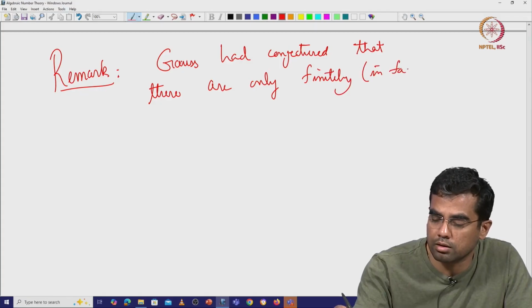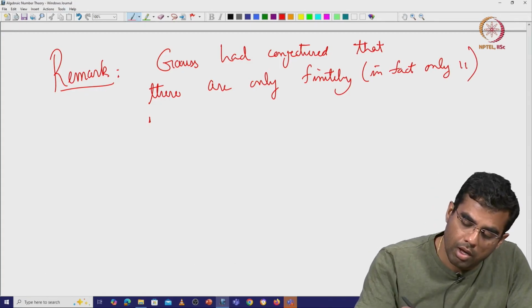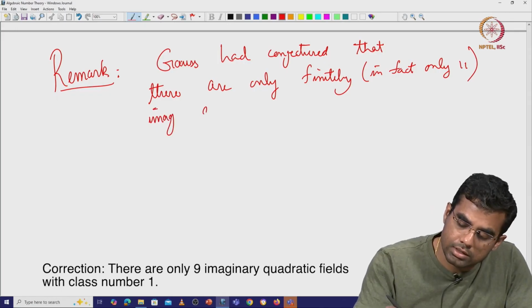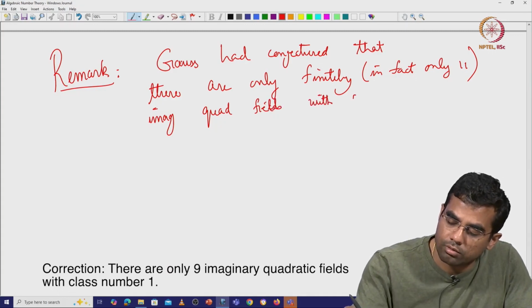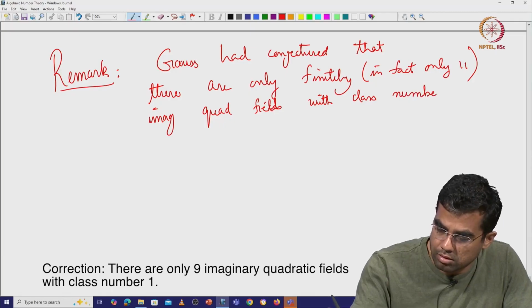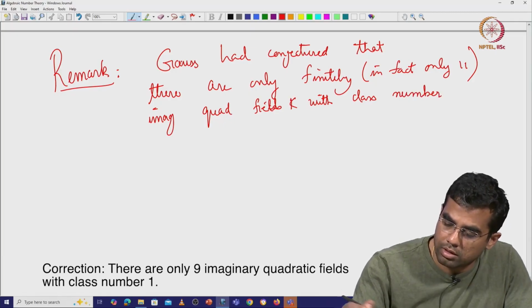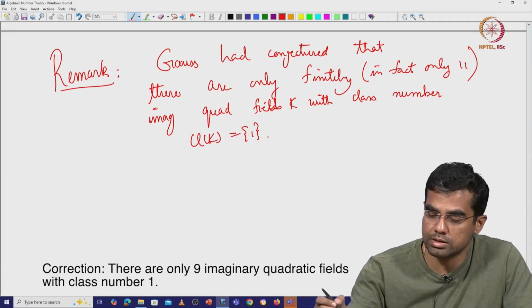In fact, only 11 imaginary quadratic fields K with class group of K equal to trivial group, okay, with class number 1.